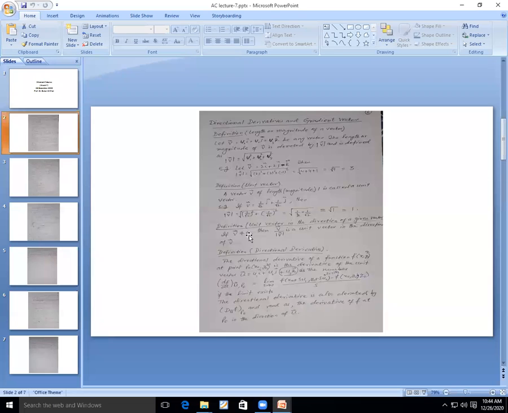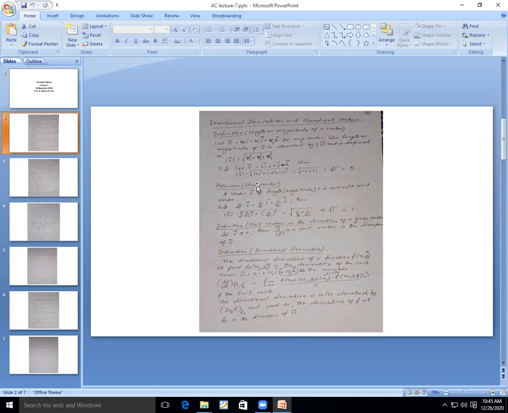If V is a non-zero given vector, then V divided by V magnitude is a unit vector in the direction of V. Why? Because if you take the absolute value of this, it will be equal to |V| divided by |V|, equal to 1. So this is a unit vector in the direction of the given vector V.